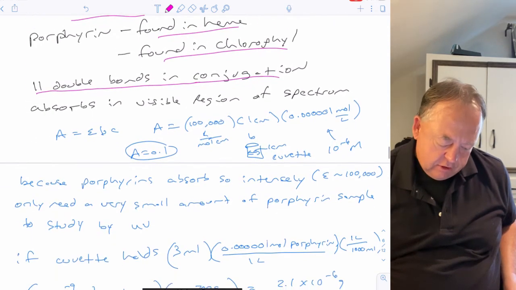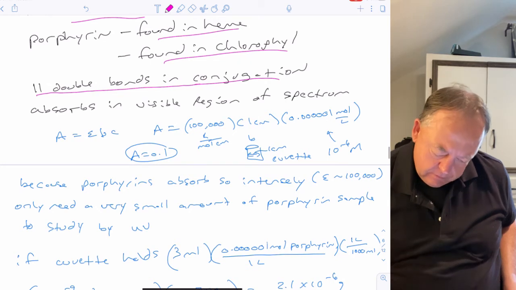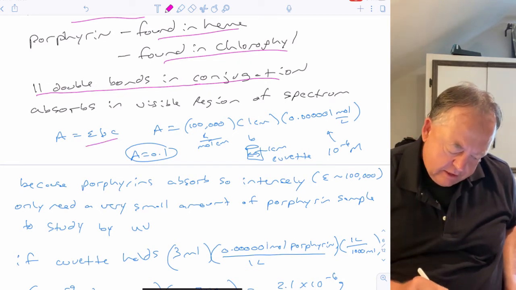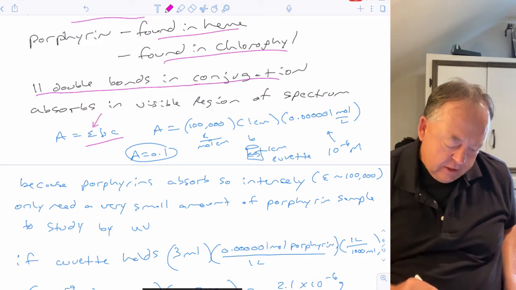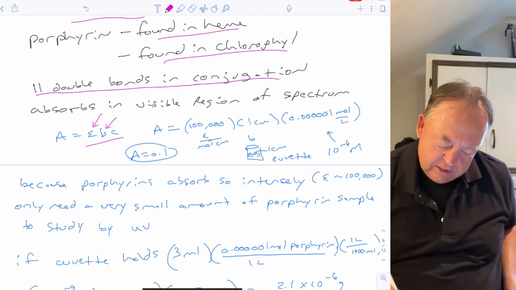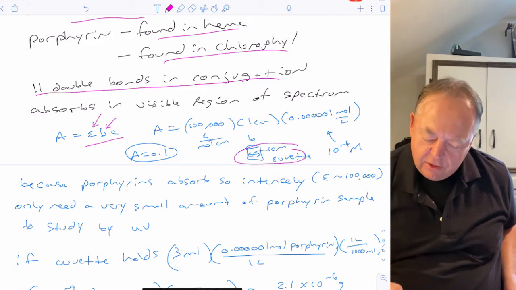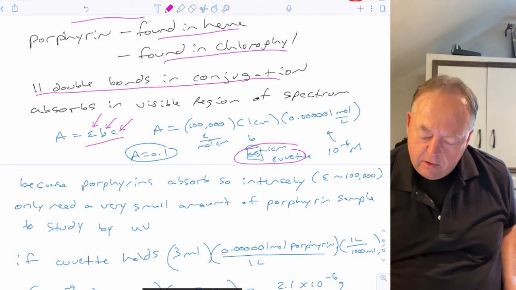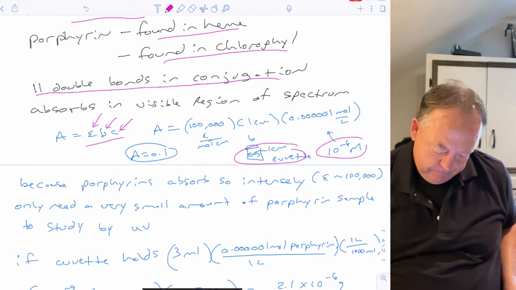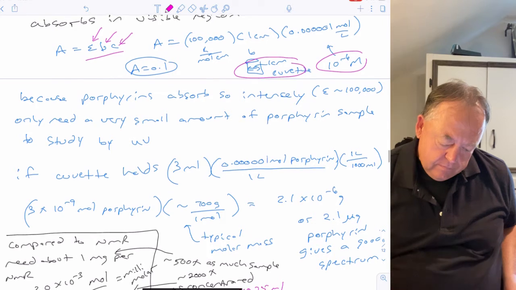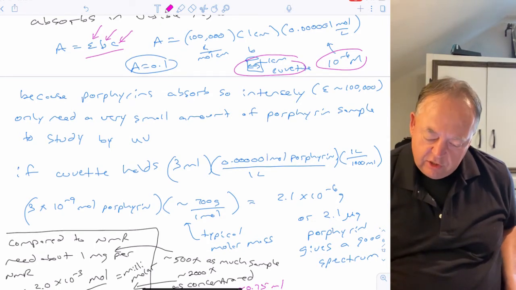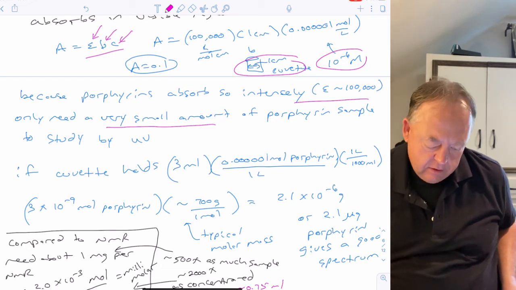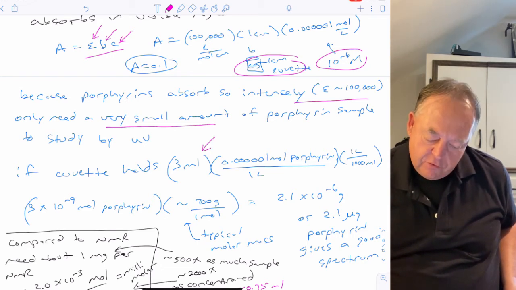So just to illustrate the significance of that, if we plug 100,000 for the extinction coefficient into this equation, with a 1 centimeter path length cuvette, the concentrations we have to work with are typically about 1 × 10⁻⁶ molar. Because porphyrins have such a large molar extinction coefficient, we only need a very small amount of porphyrin. In the cuvette, we typically have 3 mL of sample.